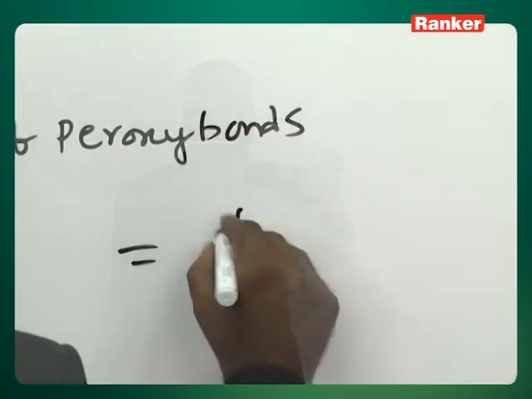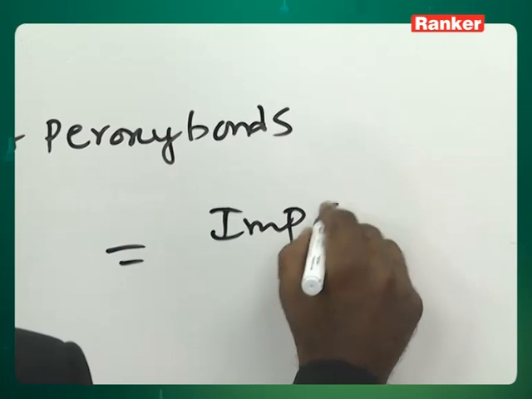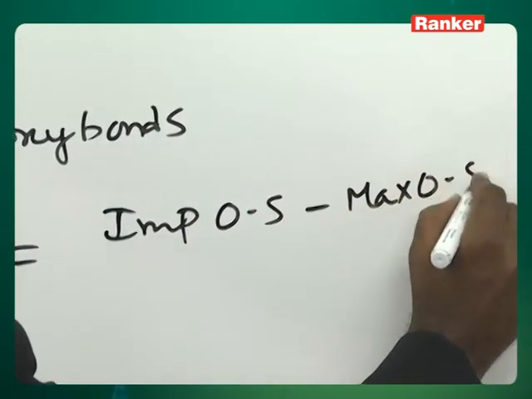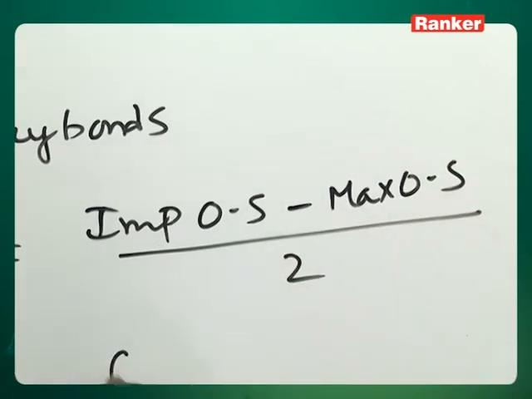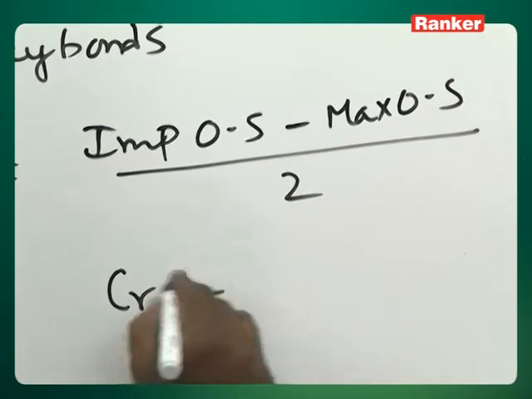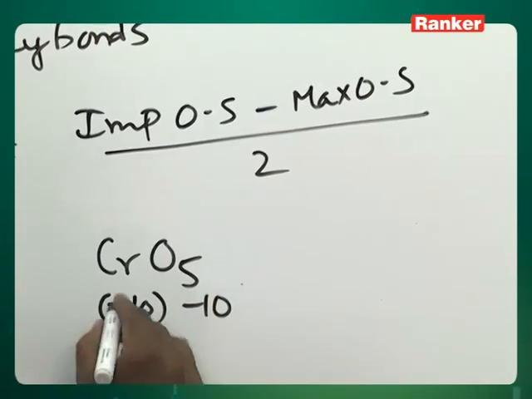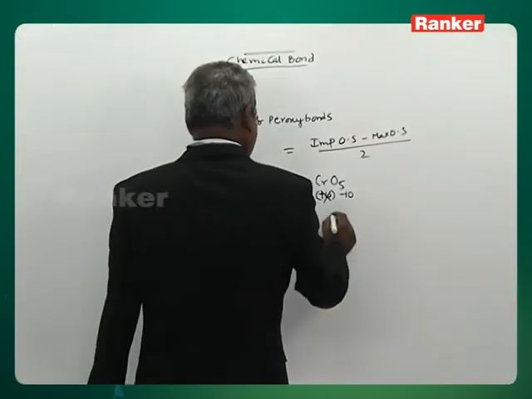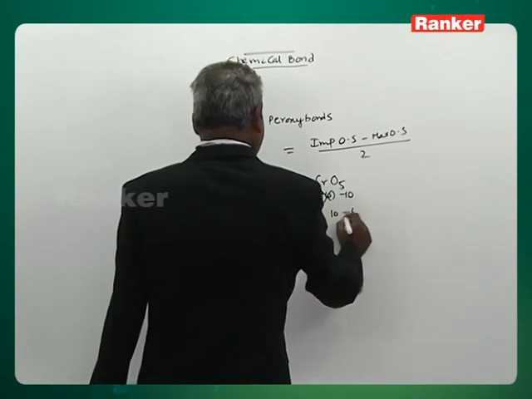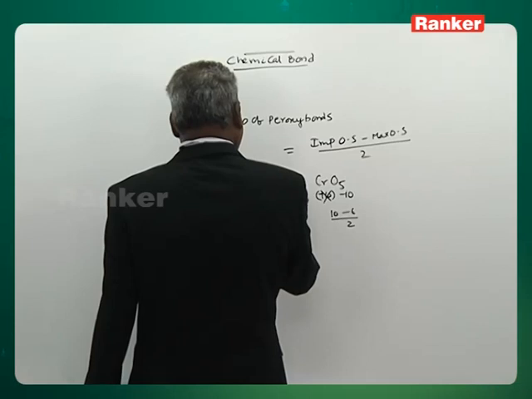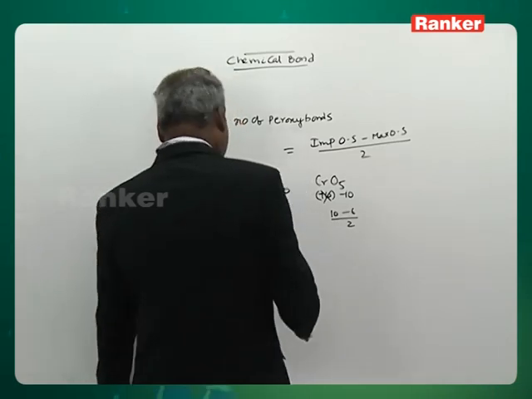So, take the impossible oxidation state, whatever impossible you have got, minus the maximum oxidation state, divided by 2. That is CrO5: plus 10 minus 10. This is impossible, 10. Maximum is 6. 10 minus 6 by 2. There are 2 peroxy bonds. That way you have got 2 oxygen single bonds.